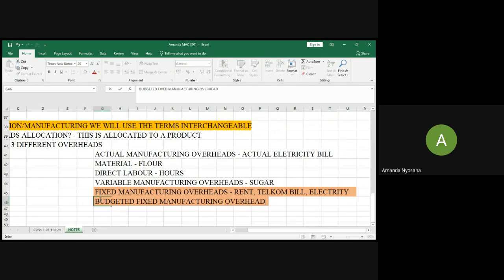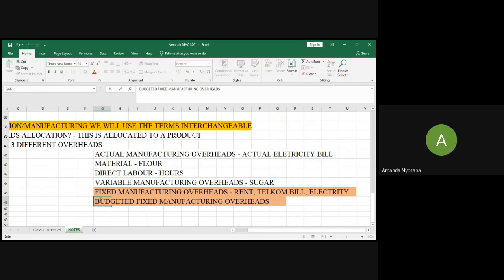We will estimate that our overheads could be so much for a month, or for the whole year. In this case, it's going to be for the whole year, because we will only get the electricity bill at the end of the year.